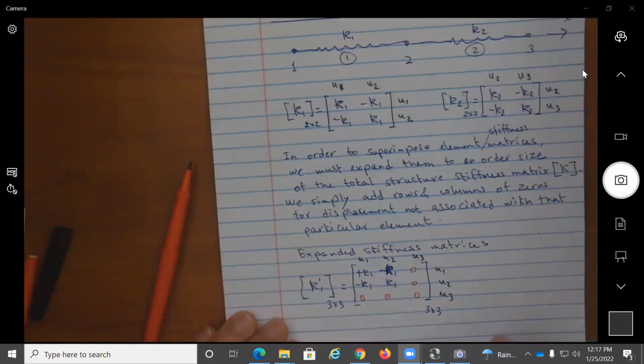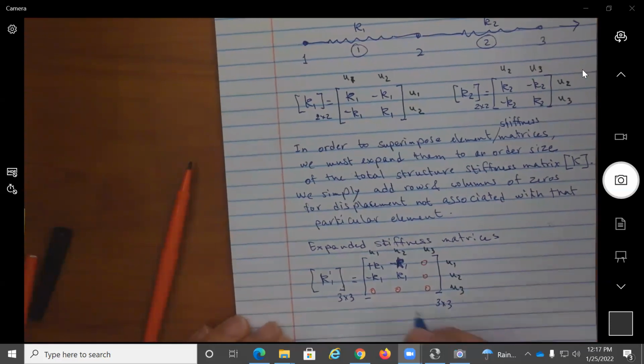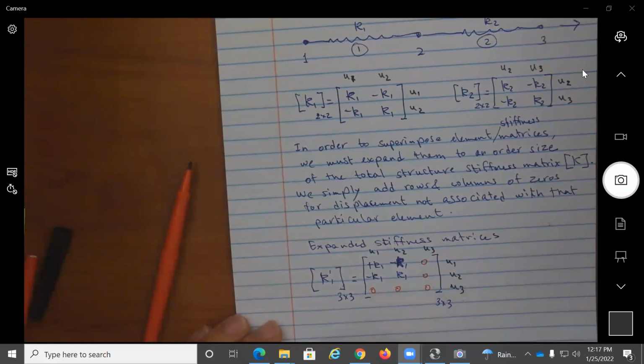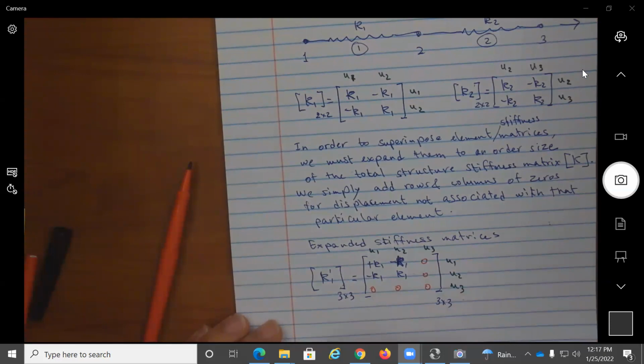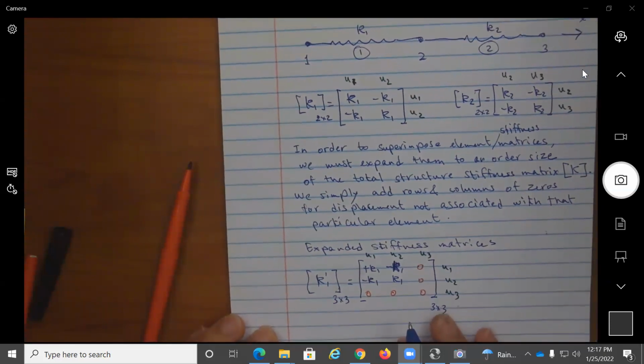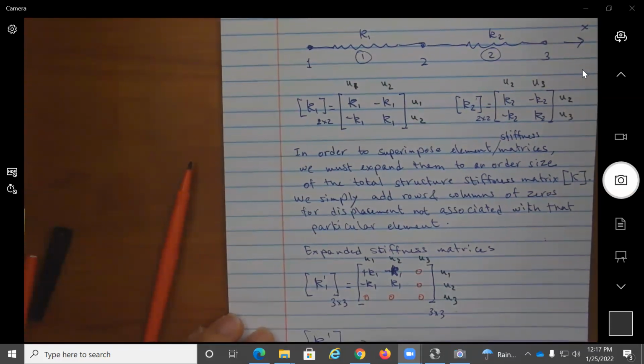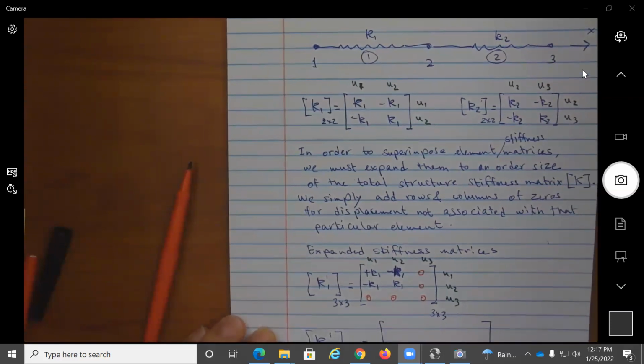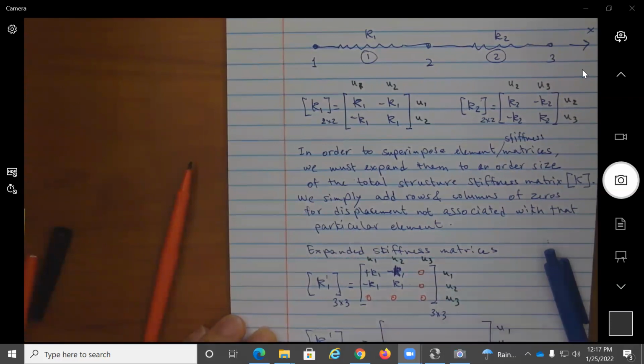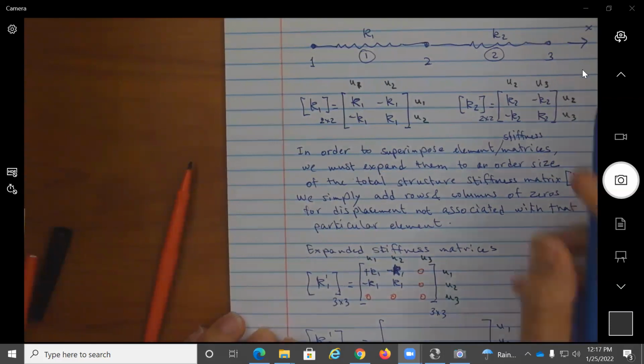Okay. Likewise for K2 prime. So I'm going to come here and write my K2 prime as a 3 by 3 is equal to. So we have a U1, a U2, and a U3. I'm going to look at element 2.